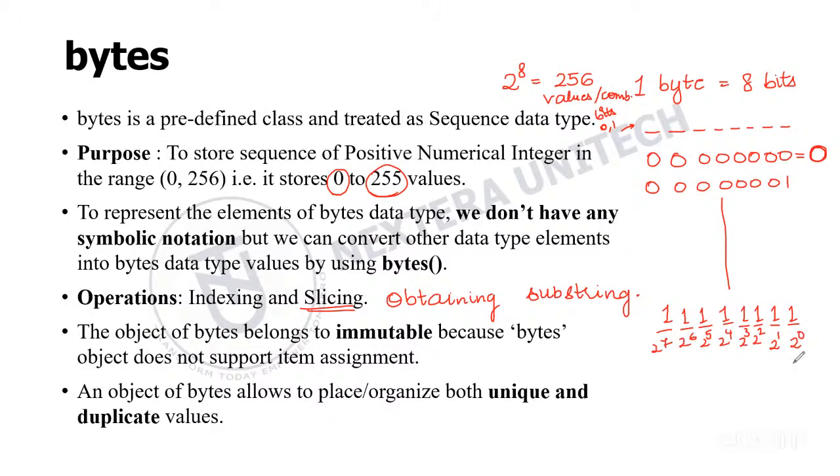Simply, 2 power 0 is 1, 2 power 1 is 2, 2 power 2 is 4, 2 power 3 is 8, 2 power 4 is 16, 2 power 5 is 32, 2 power 6 is 64 and 2 power 7 is 128.